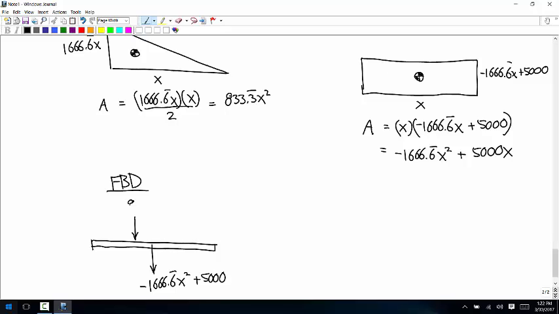That has a value of 833.3 repeating x squared. I just forgot to write that there. And then the internal loads, T, V, and M.